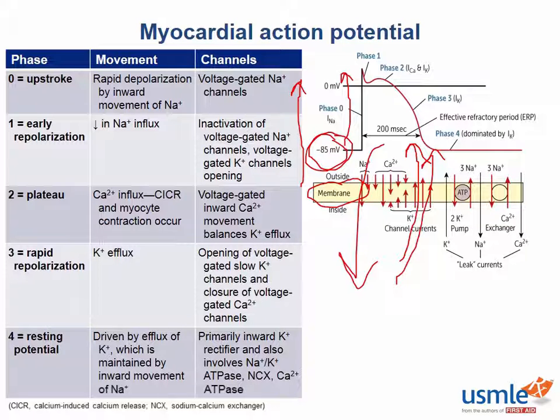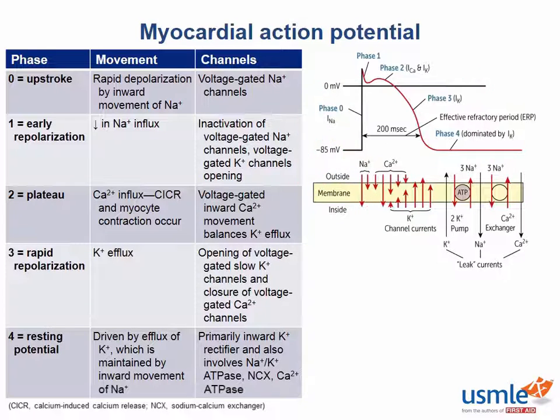So when sodium enters the cell, it's depolarizing it, taking it from negative 85 towards 0. When potassium leaves the cell, it is being repolarized, bringing it back down from, say, 0 millivolts to negative 85 millivolts. I hope this simple explanation makes some sense, and hopefully you can remember the terms depolarization and repolarization conceptually, because I'll be using them frequently during my explanations of the myocardial action potential.